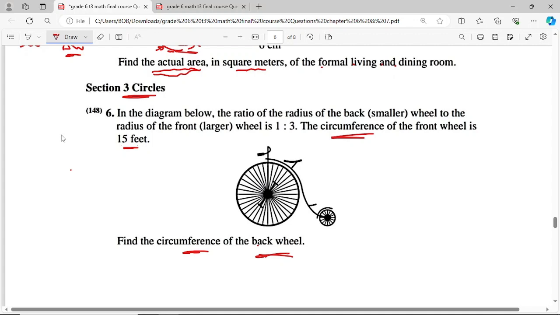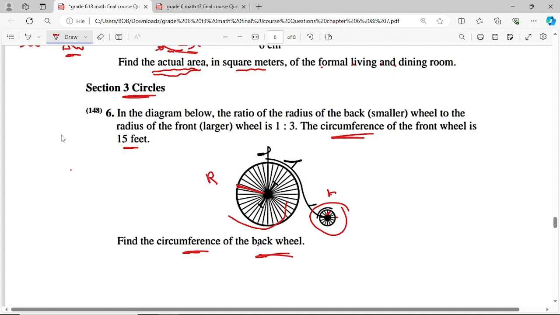Now, let's say that this is the first circle, which is the smaller wheel, and the radius of this circle is r small. And the radius of the larger wheel is r capital.